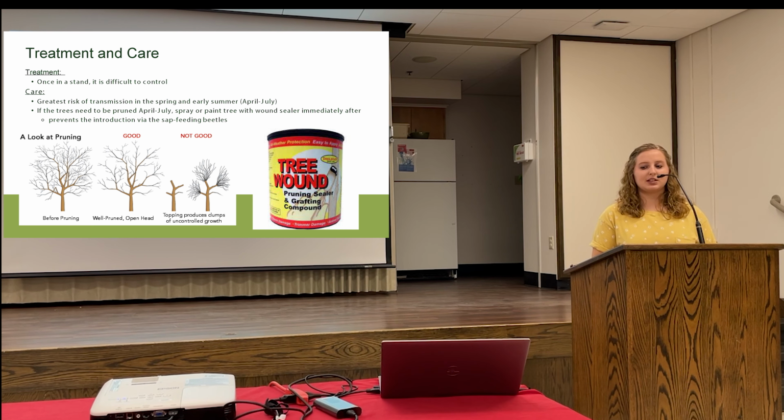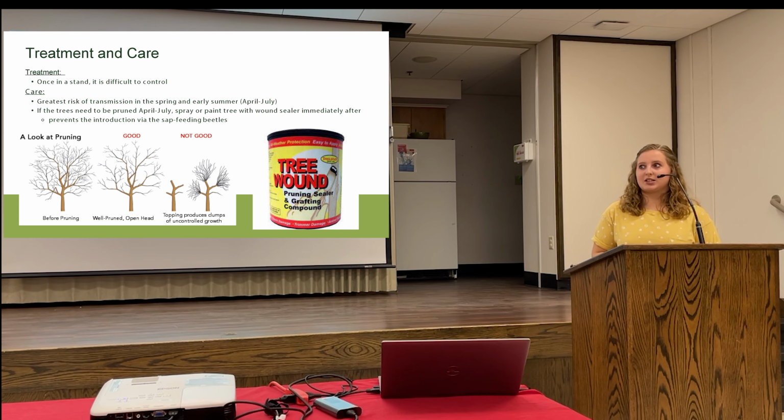If trees need to be pruned in April through July, you paint the tree with what we call tree wound paint. After you prune, you put this paint on and it seals the wound, so the wound can't be infected with any fungus or bacteria or anything like that.